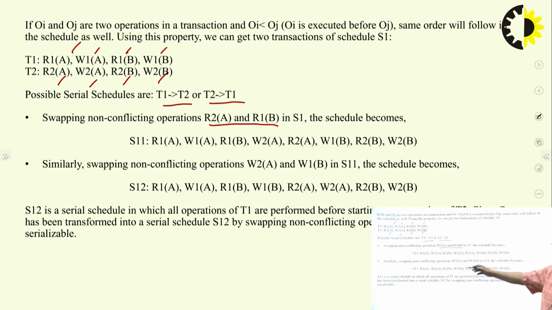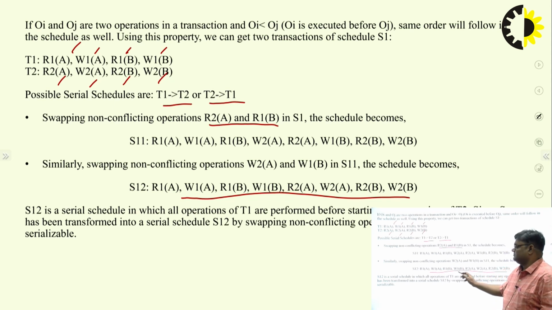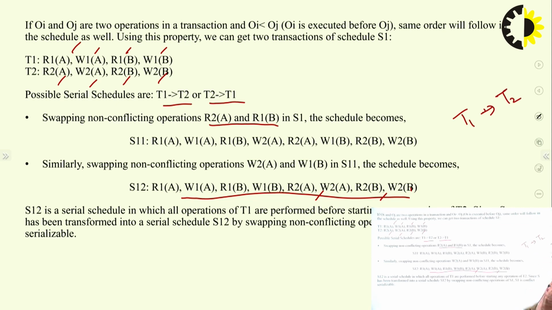So, the transaction can be given as read, write operations done by the T1 transaction, and then R2, W2, R2 and W2, meaning read and write on the A and B data items. It can be shown in a serial way, where we can clearly say that T1 is executed and after that T2 is executed.